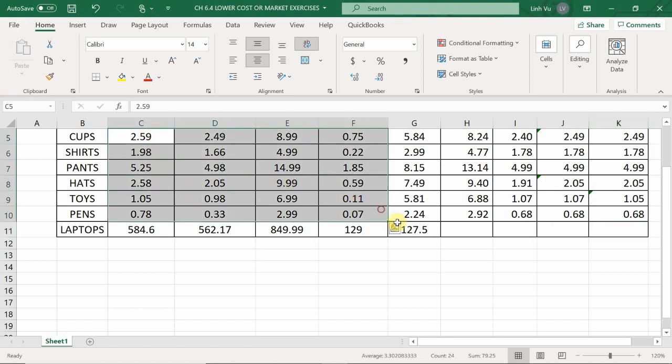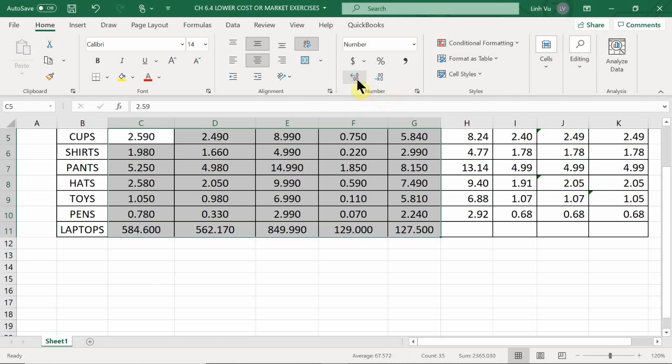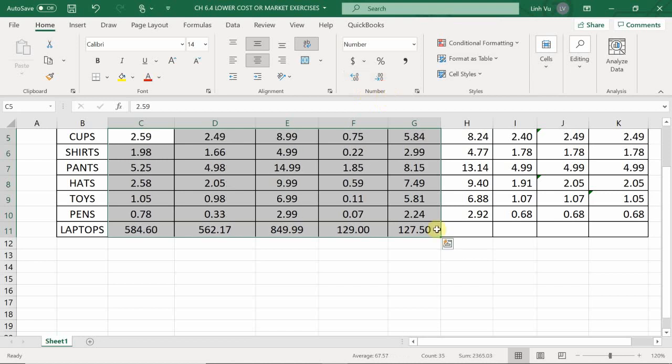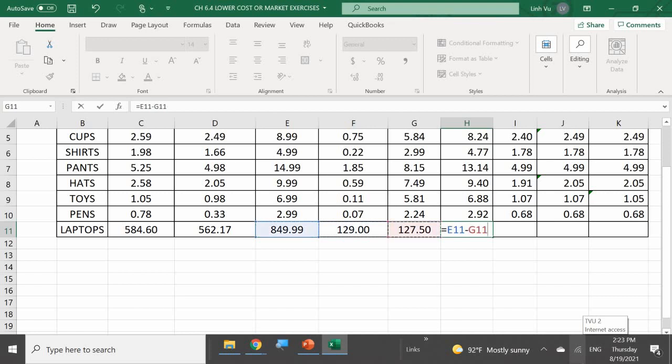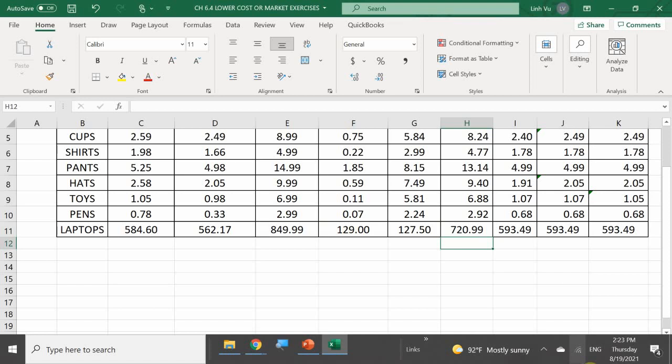So in this case, right, what is going to be my ceiling? $720.99. Good. $720.99. Okay.